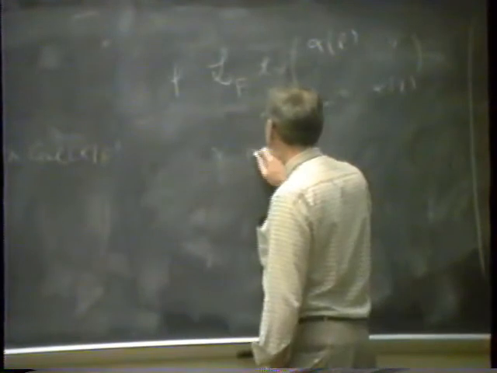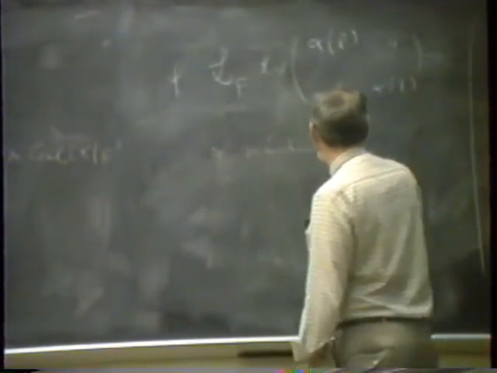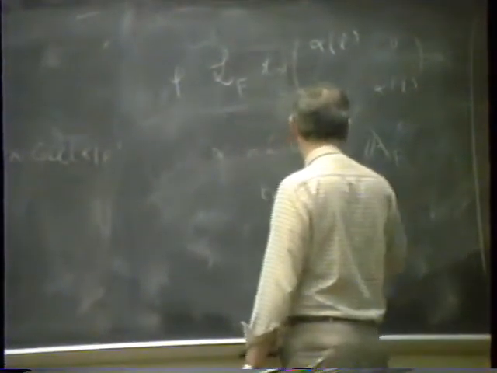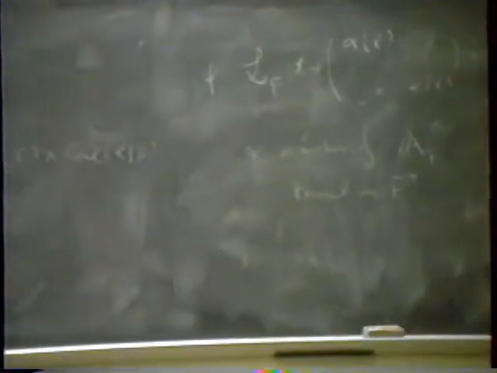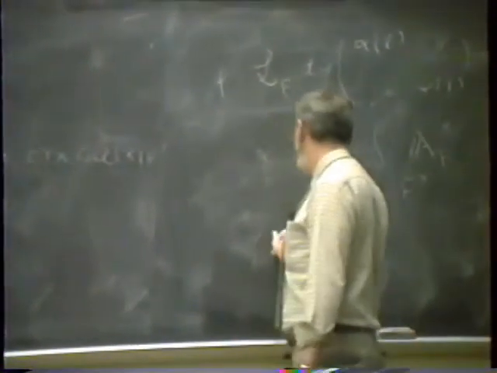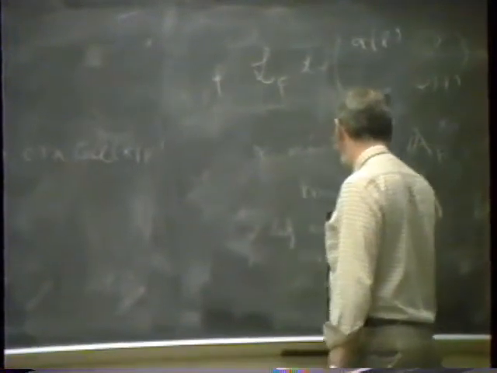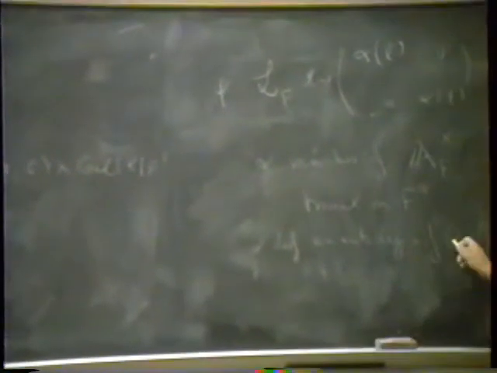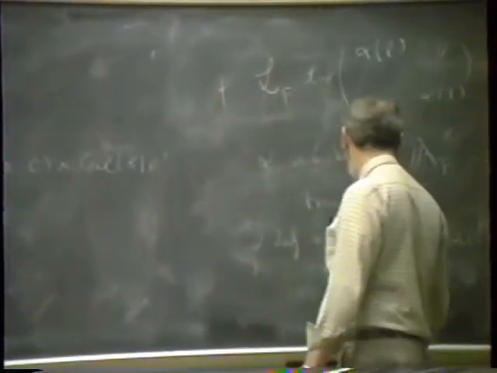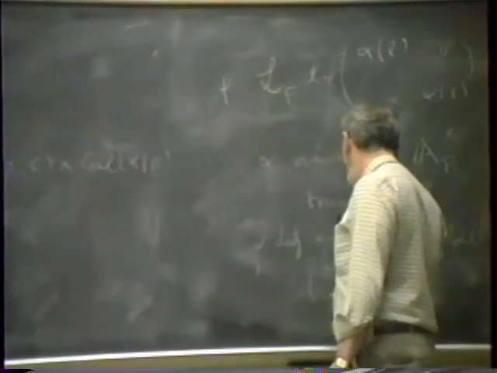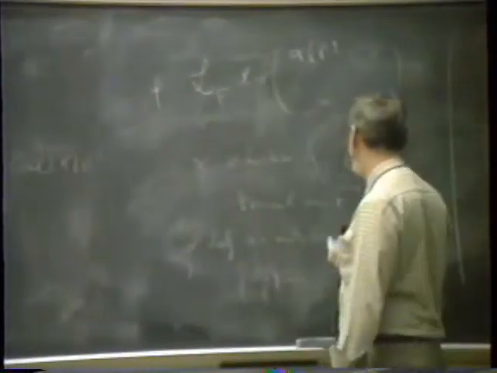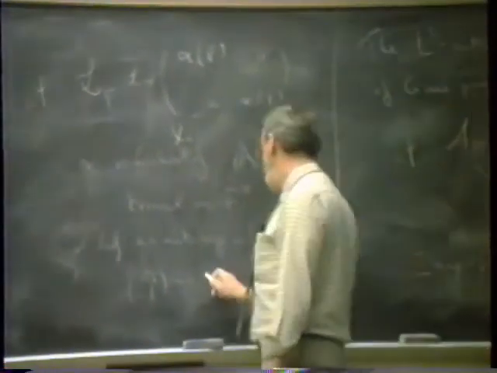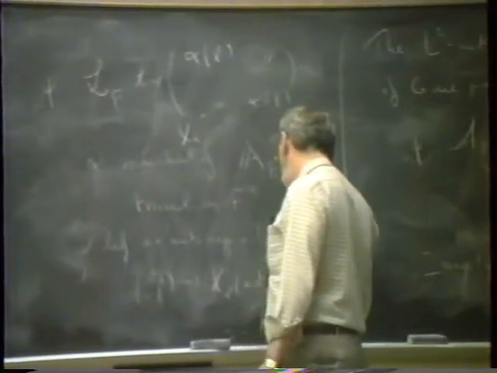That is, alpha is a character of the multiplicative group of the adeles, which is trivial on F cross. And therefore alpha defines an automorphic representation of GL2, namely (A, B, C, D) goes into, if you like, alpha is a character, so to distinguish slightly, chi sub alpha of AD minus BC.